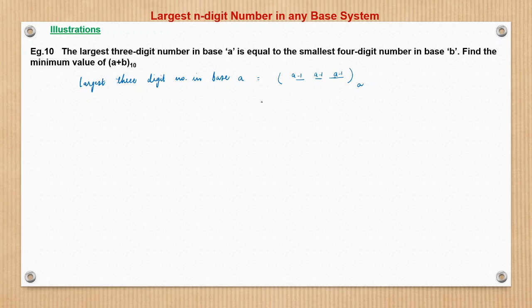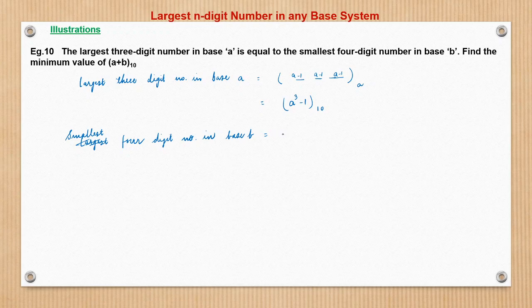So the value would be A cubed minus 1 in base 10, right? The largest 3-digit number in base A would be A cubed minus 1, this we have seen, that is the smallest 4-digit minus 1. And similarly, the smallest 4-digit number in base B is what?